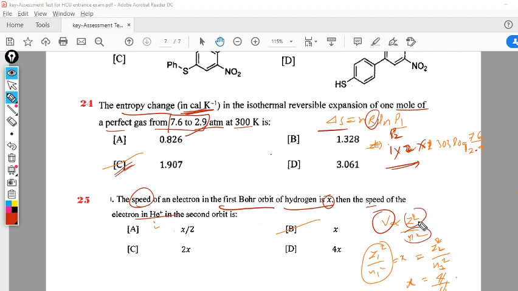If it is hydrogen, n1 will be 1 and Z1 will be 1. And n2 is the second orbit, it will be 2, and Z2 will be the atomic number of helium.